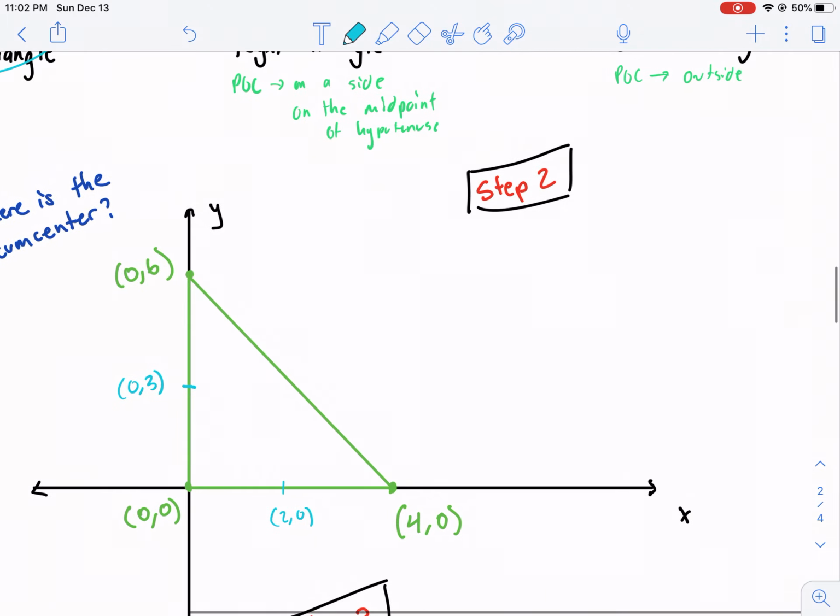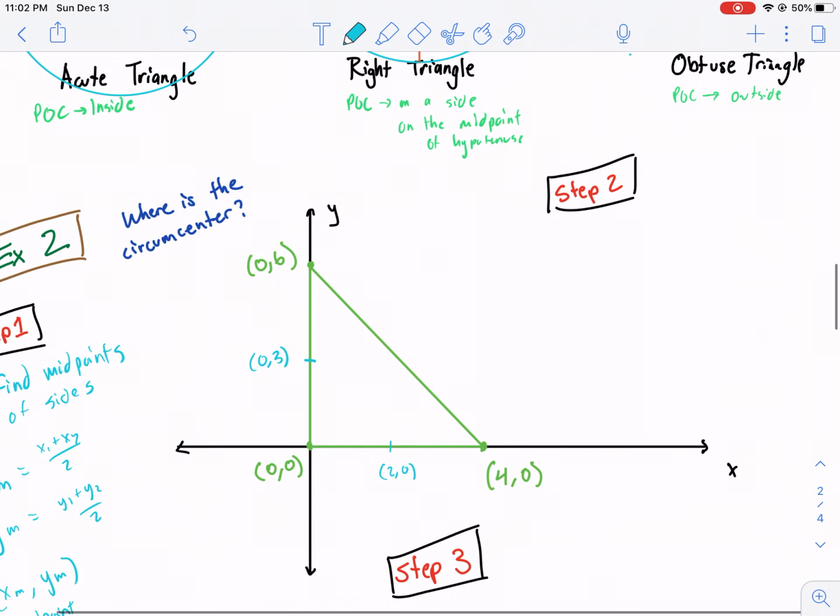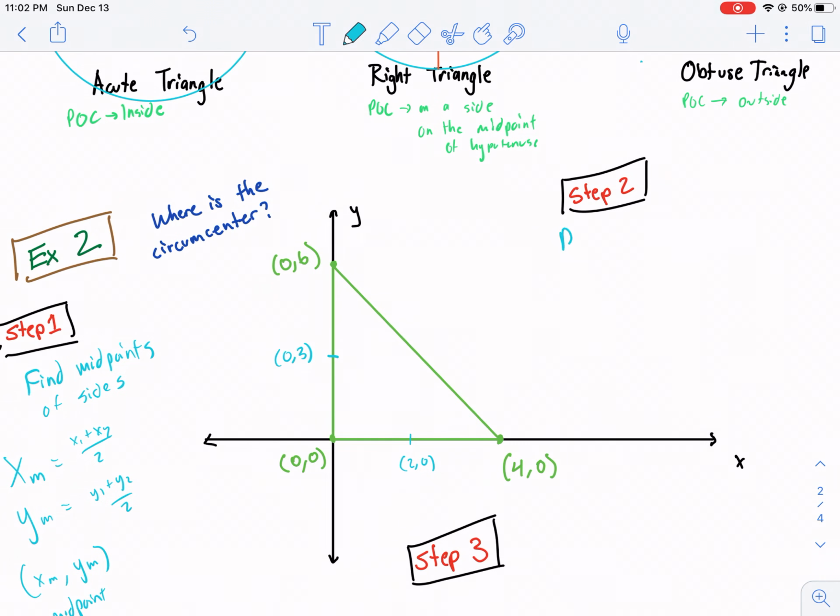Now, we have to draw. So step 2, this is actually the difficult part. We have to draw perpendicular lines from the midpoints. And that usually means we have to find the equation with a perpendicular or opposite reciprocal slope.